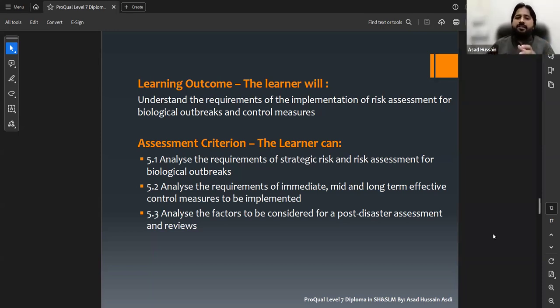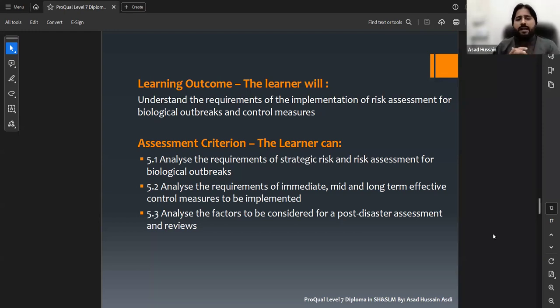In this, you can use any evidence in which analysis is performed, or where your organization has performed some strategic risk assessments, which can be enough for this purpose.